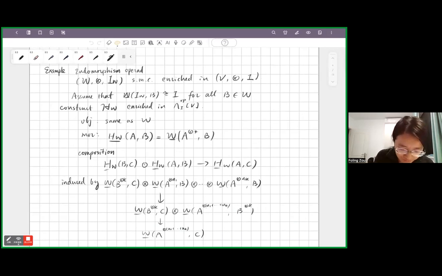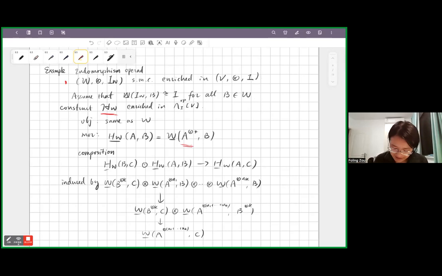Here is an example. If we have a symmetric monoidal category enriched in V called W, satisfying that the map from the unit to any object is I, the unit in V, then we can do a construction to enrich W in lambda sequences in V. So we can construct a different category HW whose objects are the same as W. And now for the morphisms, we look at all morphisms from the tensors of A to B together, and this will form a lambda sequence.